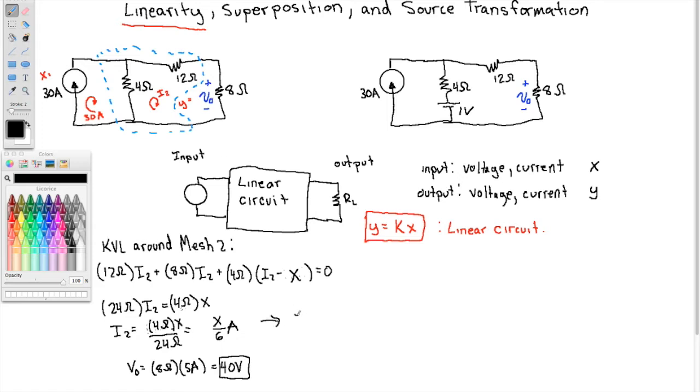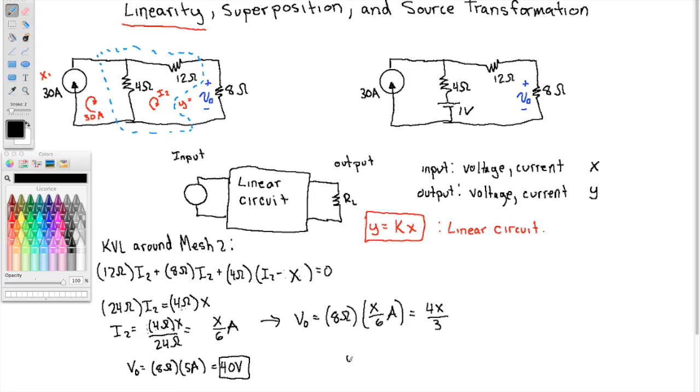Then V0, the output, is the 8 ohms times that current I2, which is X over 6 amps. The 8, there's a 2 there, so that makes 4X over 3. And remember, V out is what we're calling Y. So, is this a linear circuit?